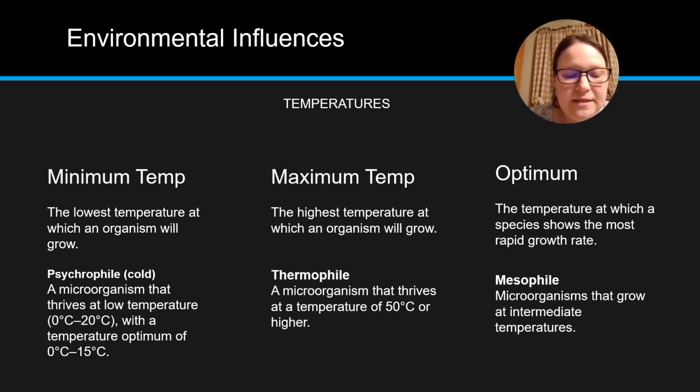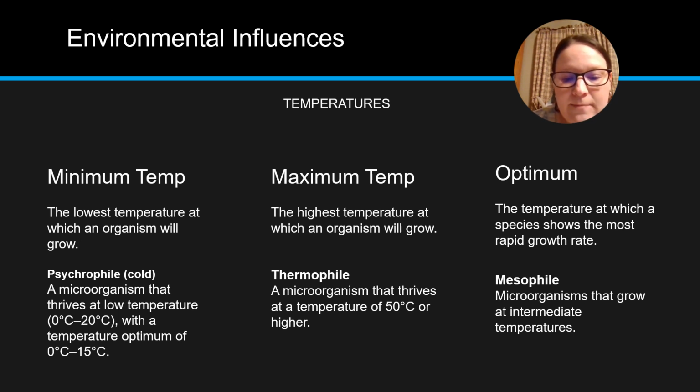The psychrophile, which is cold, likes the low temperatures. It likes the icy temperatures, 0 degrees Celsius to 20 degrees Celsius, with its optimum temperature being 0 degrees Celsius to 15 degrees Celsius. So the psychrophile does prefer the cold.